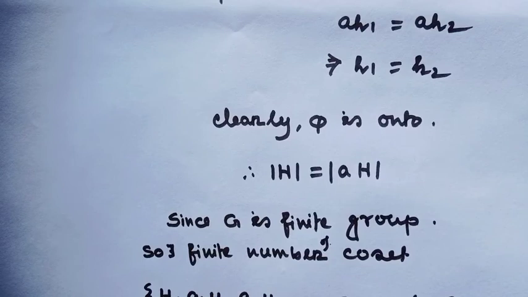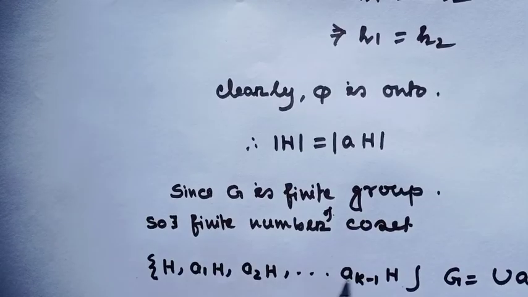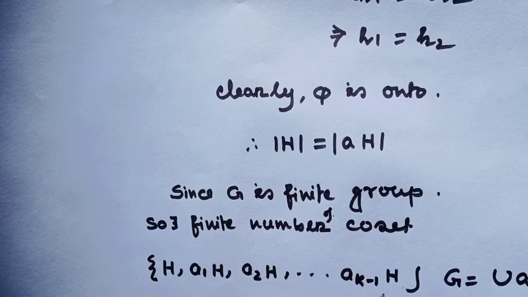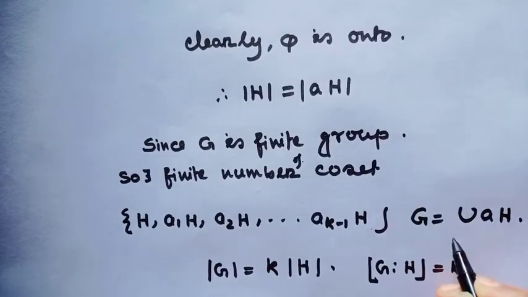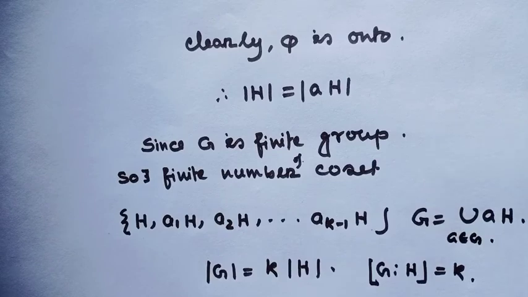Okay? And since G is a finite group, there exists a finite number of cosets. Let there exist k cosets. Then the cosets will be H, a1 H, a2 H, up to a(k-1) H, and G equals the union of all these cosets.